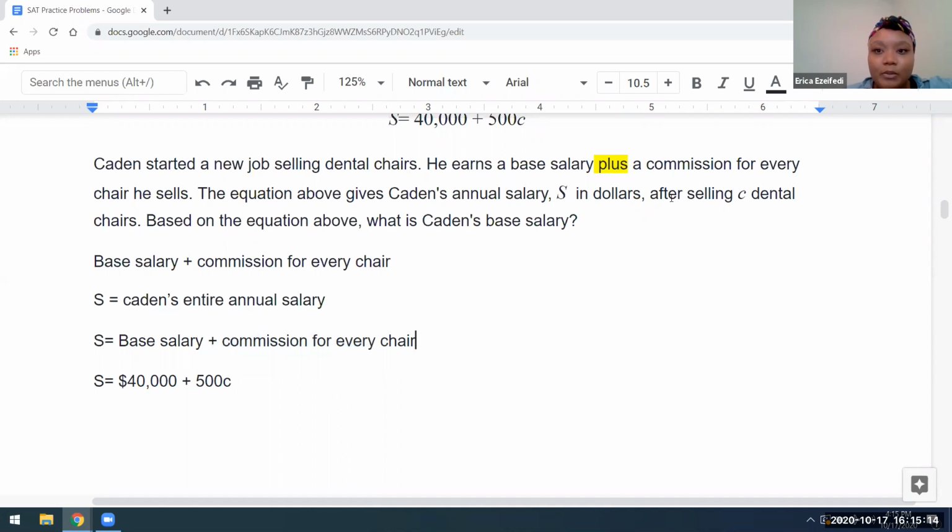So we see here, C, that he gets money for selling C amount of dental chairs. So this C is echoed right here.